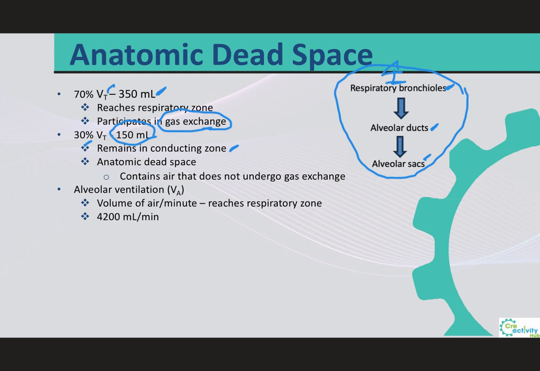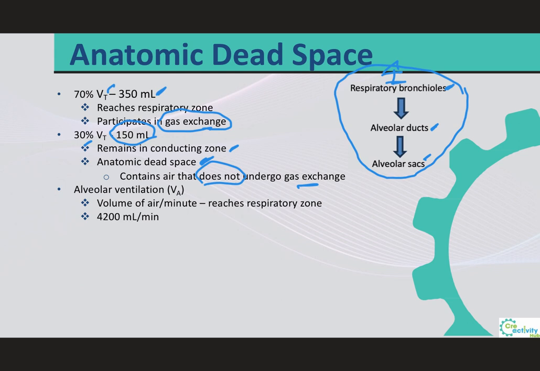And this 150 mL volume of the conducting zone is actually known as the anatomic dead space because it contains air that does not undergo gas exchange. Therefore, not all of the minute ventilation can be used in the gas exchange because some of it will remain in this anatomic dead space.